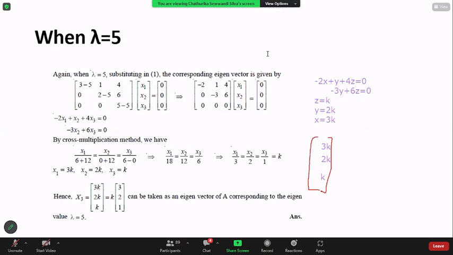So this is one of the very easiest questions that show you how to find the eigen vectors corresponding to different eigen values, right? So I think you can remember. Right?